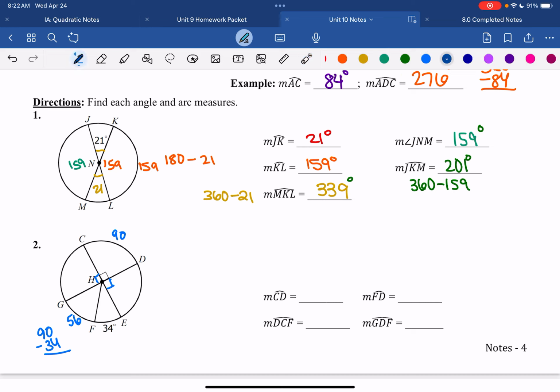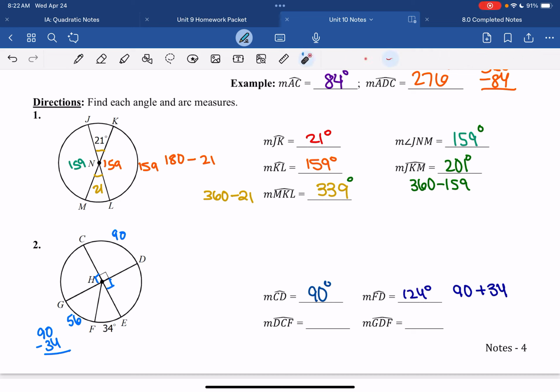So CD, that's going to be 90. FD. F to D, we want the shortest route because it doesn't have that middle letter in there. F to D, so it's going to be 90 plus 34. So that's 124 degrees.